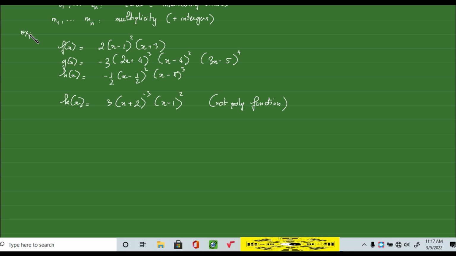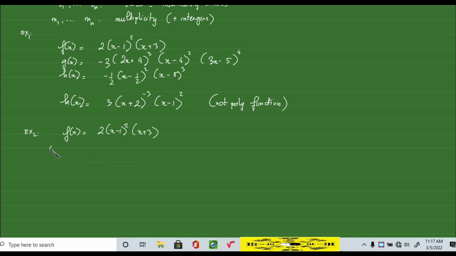Excuse me. So the second example is this. Let's use this one, the simple one right here. What if I have f(x) equals (x minus 1) squared times (x plus 3)?